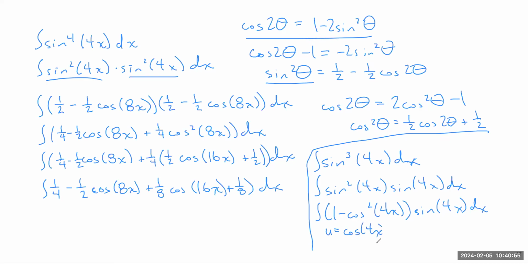Cosine of 4x, which means du is what? Very close. Negative 4 sine 4x dx. So if that's our u and that's our du, then we're going to be able to transform the entire integral using that.